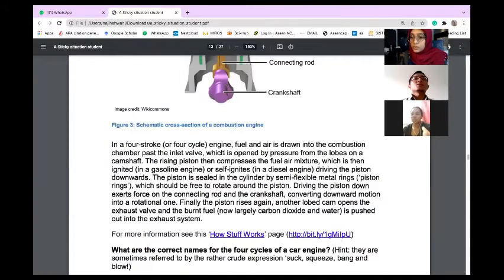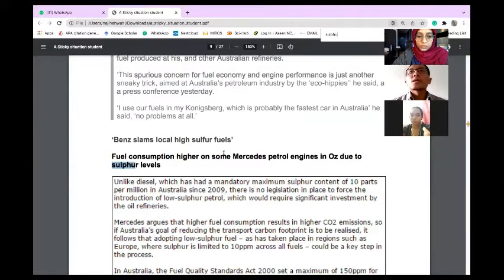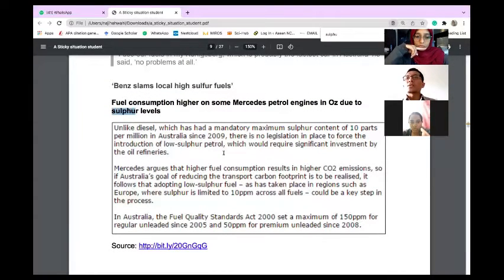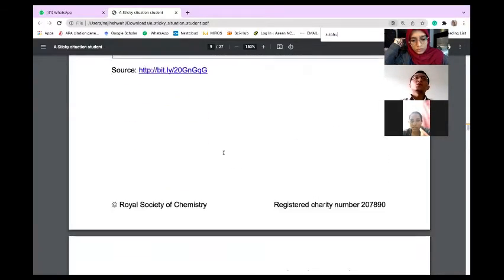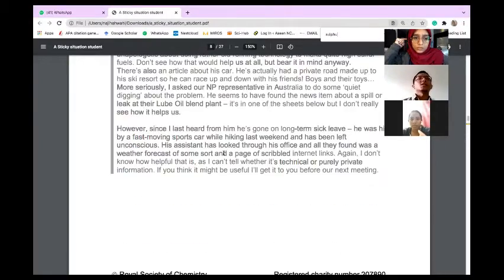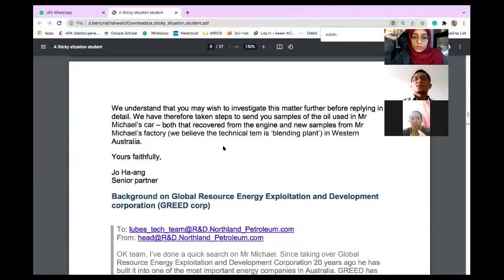But another thing is, there's one part where they were saying they might remove some part of the engine, the heater. If you see the Fastest Gear magazine in Australia, there's a statement that they've touched nothing much, really, just taken a few electrical things out of the circuit, the heater, while in Australia. So they removed a heater. When he goes to the mountain, probably it's a bit cold, and the heater is not there. So it's about temperature. I think that we can focus on that.